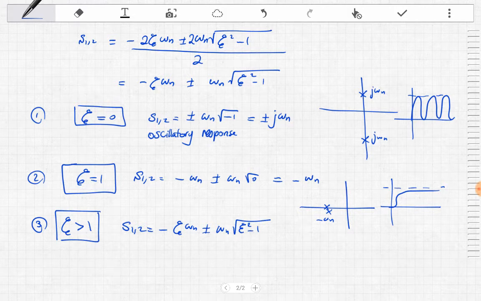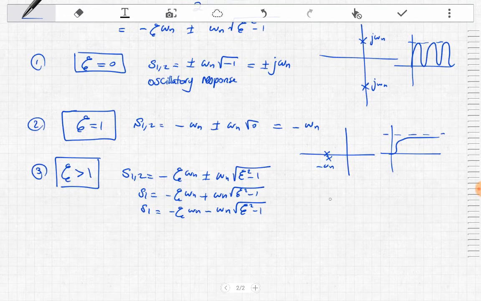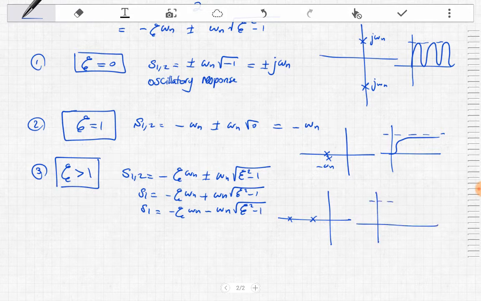The first root is minus eta omega n plus omega n square root of eta square minus 1. The second is minus eta omega n minus omega n square root of eta square minus 1. So when you sketch, that's one root here, one root there, and the response will be like that. That's overdamped.